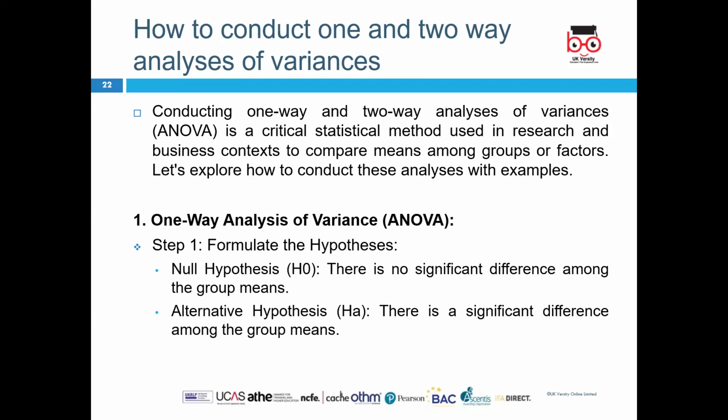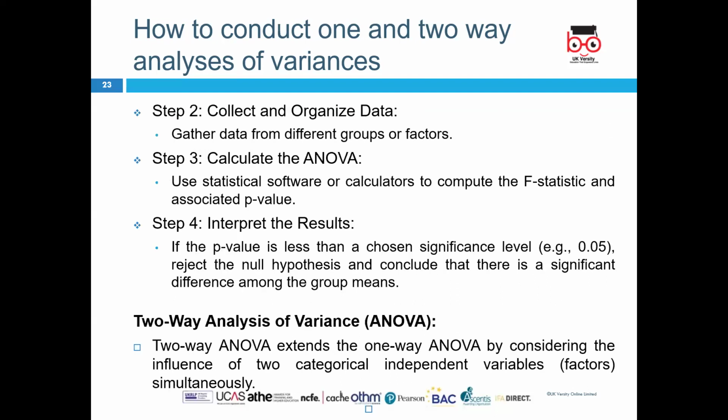Step one is to formulate the hypothesis, which is the null hypothesis and the alternate hypothesis. The null hypothesis is generally taken as there is no significant difference among the group means, and the alternative hypothesis is there is a significant difference among the group means. This is the first step in ANOVA testing. Step two is to collect and organize data. Gather data from different groups or factors. Step three is using statistical tools such as SPSS to compute the F statistic and associated p-values.